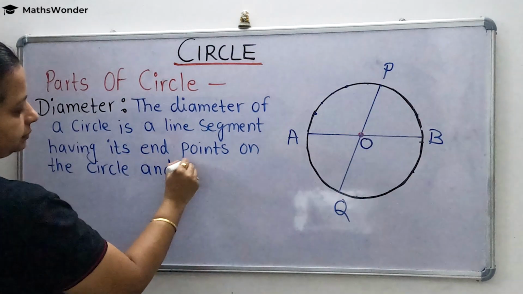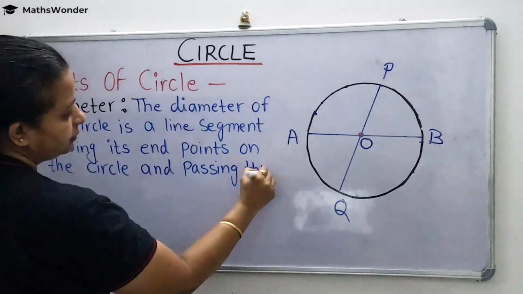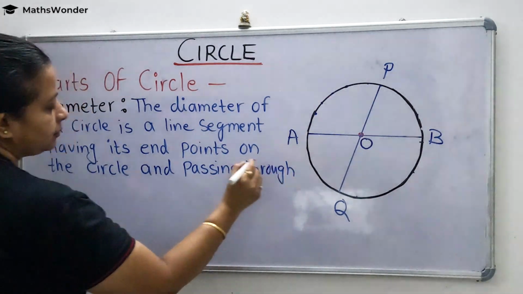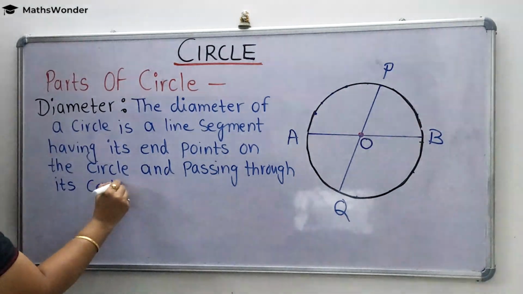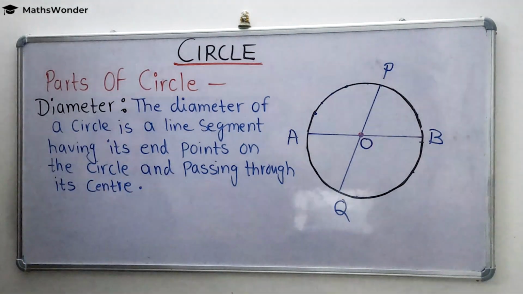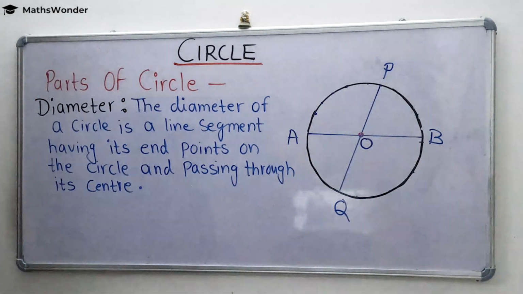And passing through its center. As you can see on the board, it is passing through O, the center of the circle.